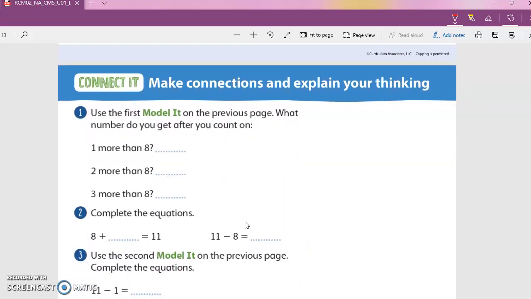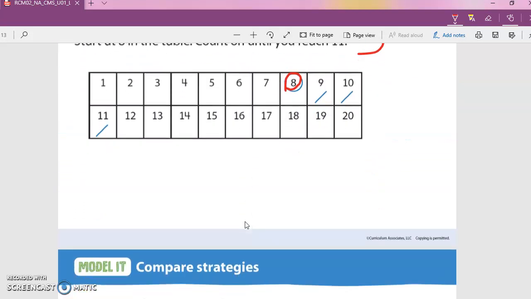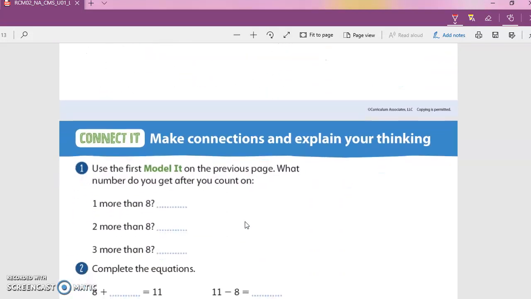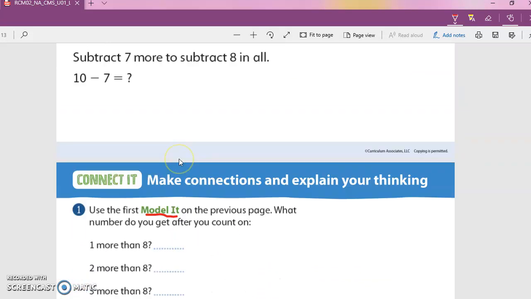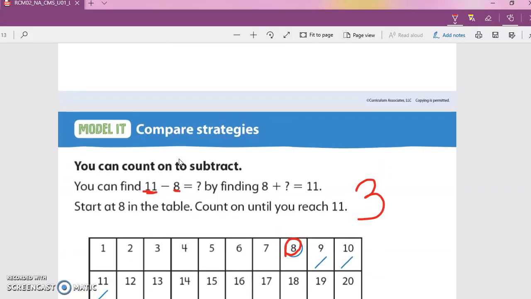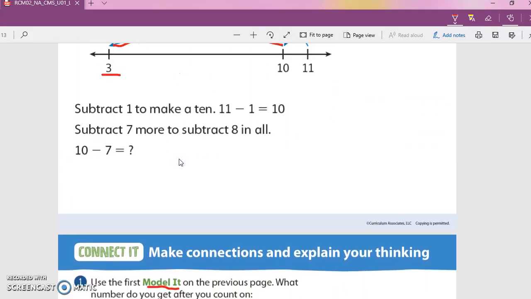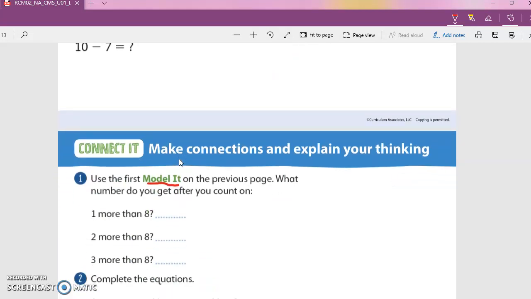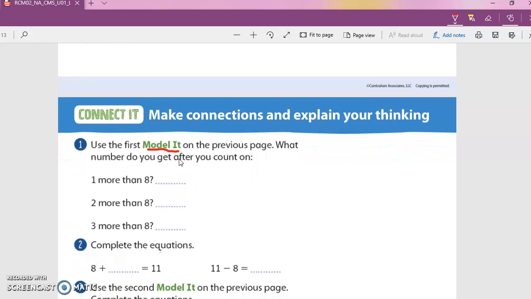So now we're going to look at these problems up here, or these strategies up here that they showed us to answer these questions. Using the model it, which is, I guess they both say model it, but it says on the previous page, so here. What number do you get after you count on?